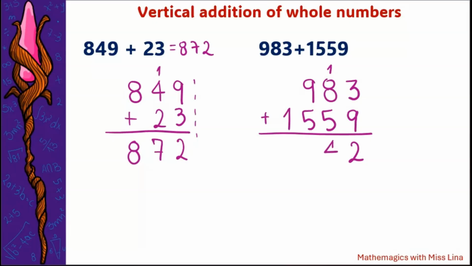We put the 4 and carry the 1. 1 plus 9 is 10, 10 plus 5 is 15. So put the 5 and carry the 1. 1 plus 1 is 2, and that is the end of the operation, 2542.